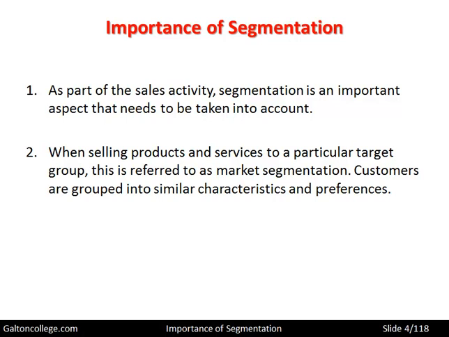So when we sell to a particular targeted group, that's known as segmentation. Customers are grouped into similar characteristics and preferences. Similar characteristics could be people over the age of 60, people under the age of 20, or people who live in cities or in the countryside.